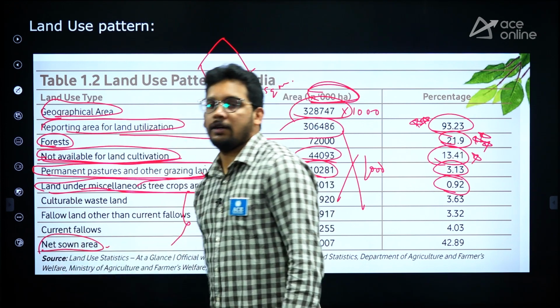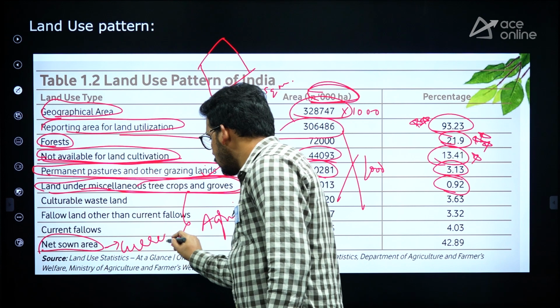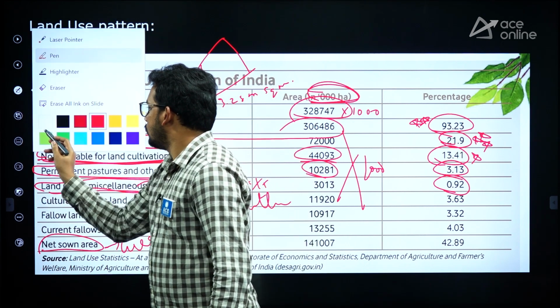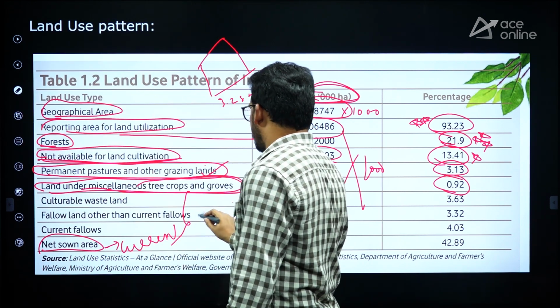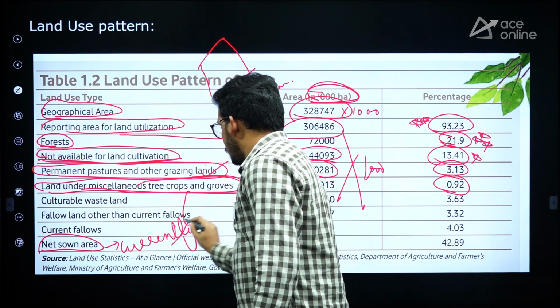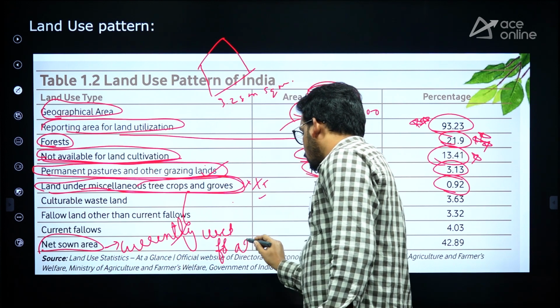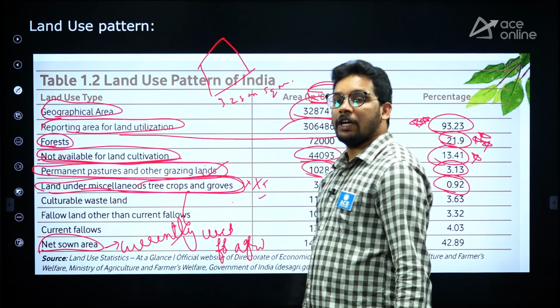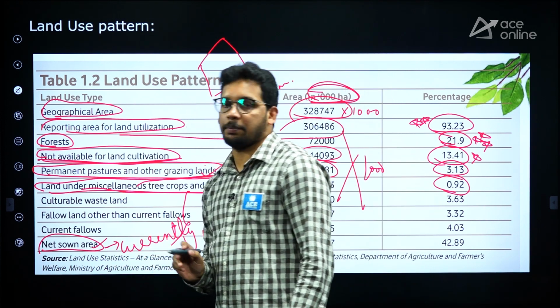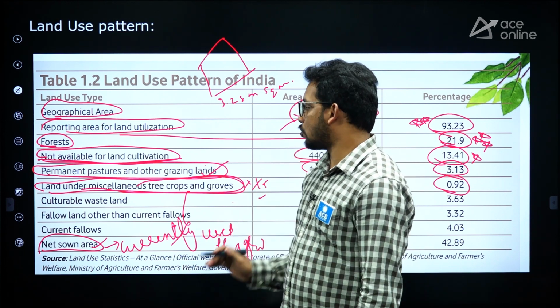Net sown area is the one which is currently used for agriculture. So in this current year we are using this for agriculture purposes. Net sown area means how much area you have used for agriculture.